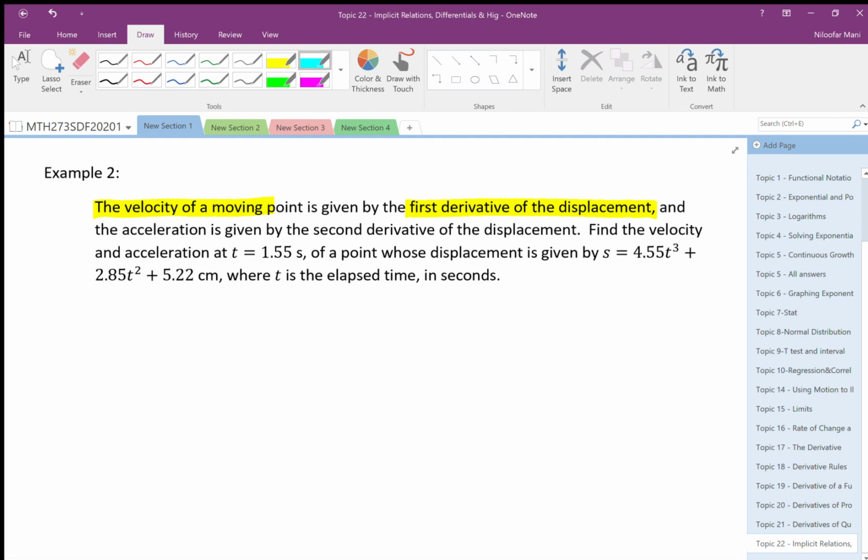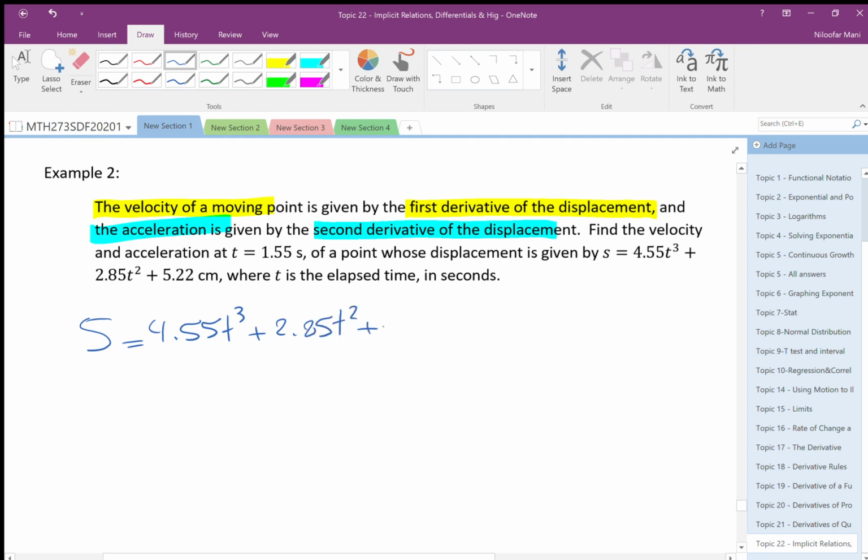So if I have the function of motion, or function of displacement, okay, so I would say S is 4.55 t cubed plus 2.85 t squared plus 5.22 centimeter. Okay, means at time equals 0, it's standing at 5.22 centimeter, and then it continues as time continues. So this one continues as well to increase.